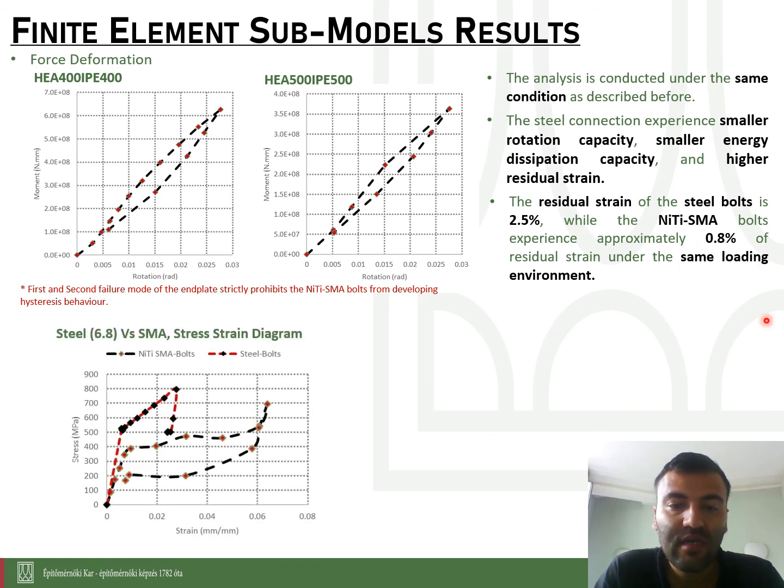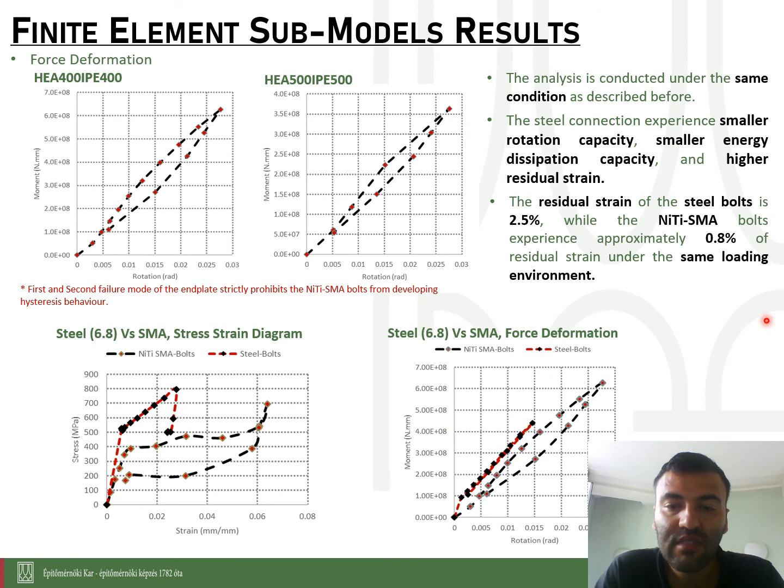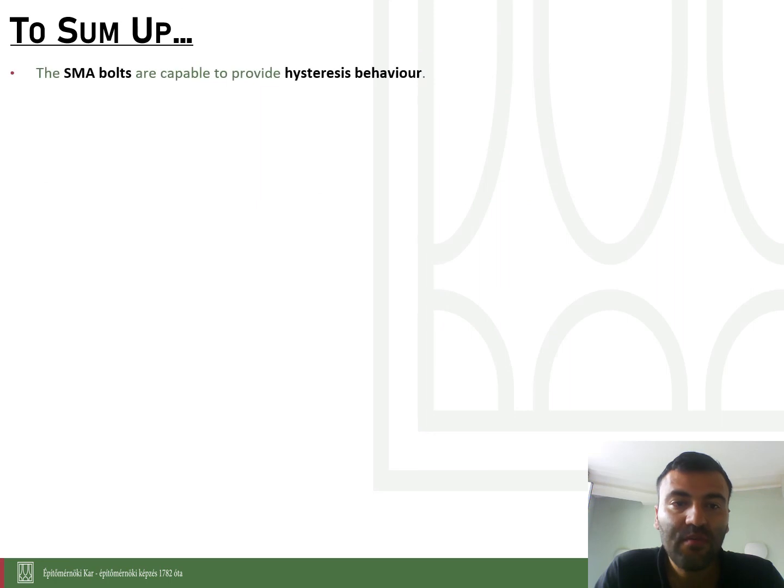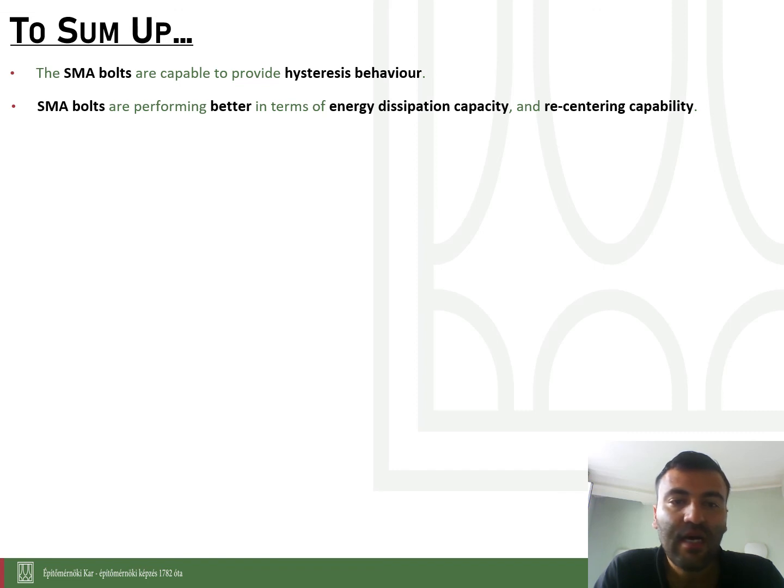This is the stress strain diagram for both, and this is the force deformation curve for the steel bolts and for the SMA bolts, and the difference can clearly be seen here. To sum up, we can say that this type of connection is capable of providing hysteresis behavior, and is better in terms of energy dissipation and recentering capacity.